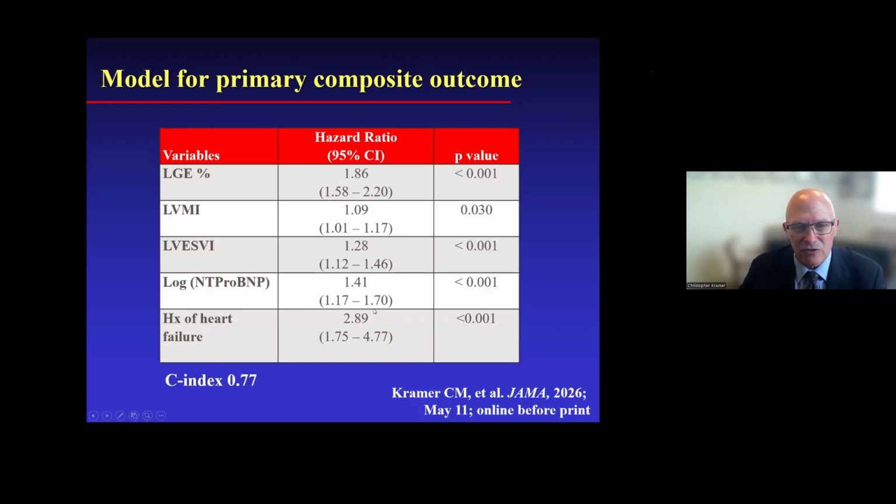And then the historical feature of a history of heart failure, either heart failure hospitalization or requiring an increase of diuretics, had a very potent increase in the hazard ratio, and likely predicted mainly the heart failure events, because this fell out of the predictive model for ventricular arrhythmic events.